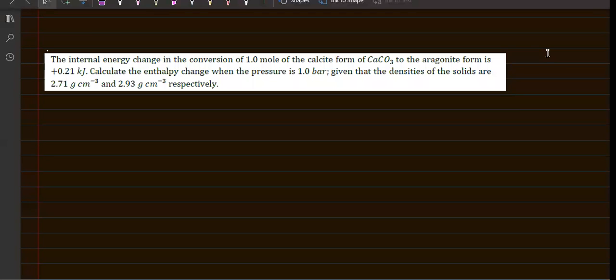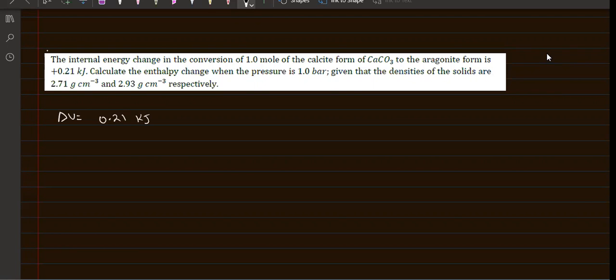So see what is given. Internal energy is given. Just write down what is given. Delta U is 0.21 kilojoule. Calculate the enthalpy change at a pressure of 1 bar, given that the densities of the solids are this and this, respectively.